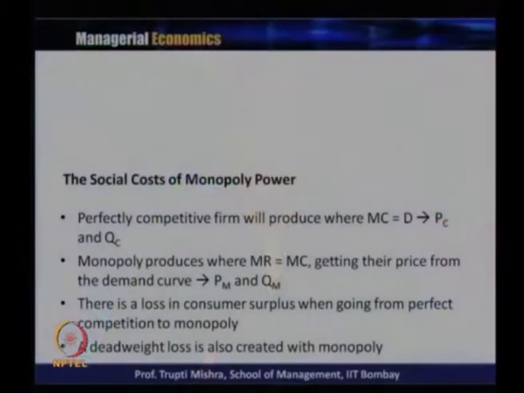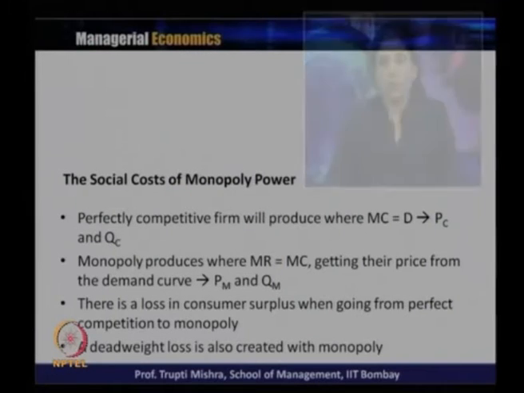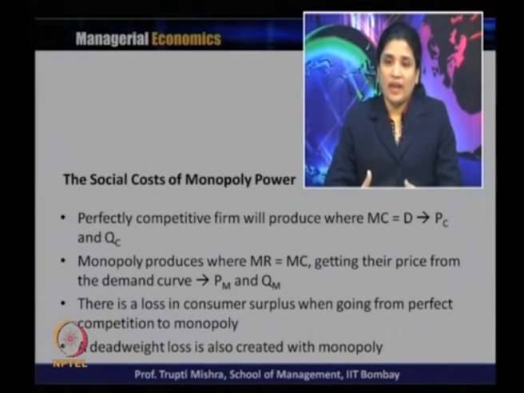In a perfectly competitive market, the firm produces at the point where marginal cost is equal to the price, and we get the price from the demand and supply forces of the market.